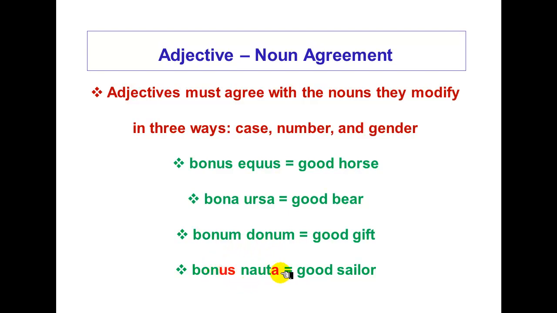So even though both of these words are not spelled the same, they are in agreement because they're both nominative, singular, and masculine. This is a little bit tricky, and you may have to think about this for a little while before it sort of sinks in. But adjectives have to agree with the nouns that they modify in case, number, and gender, but not necessarily in spelling.